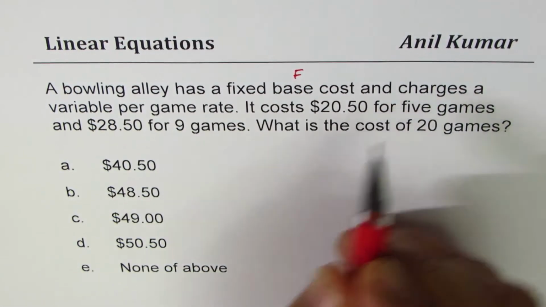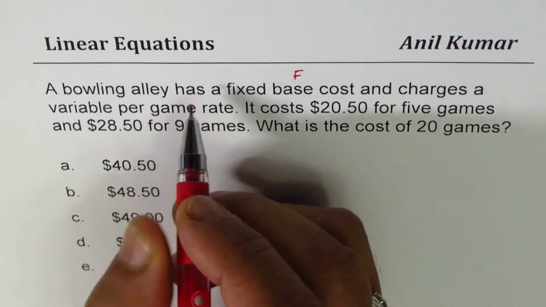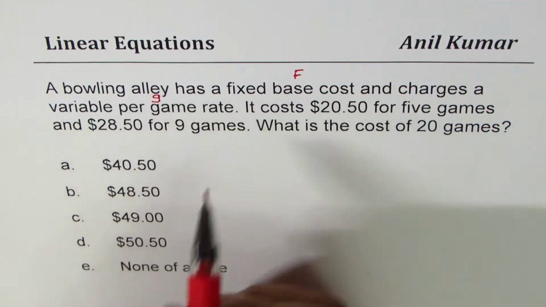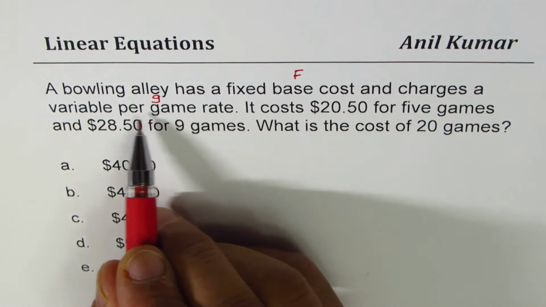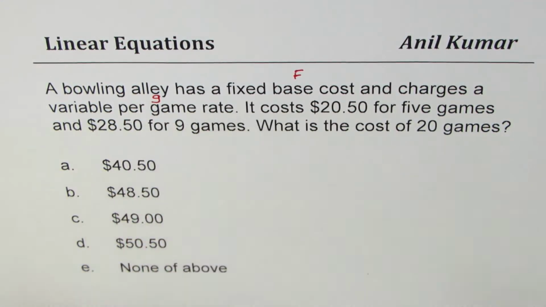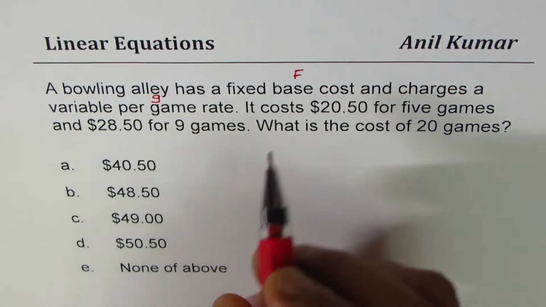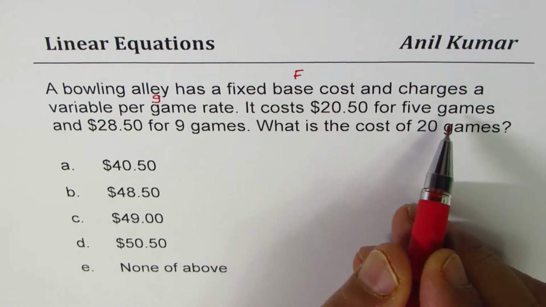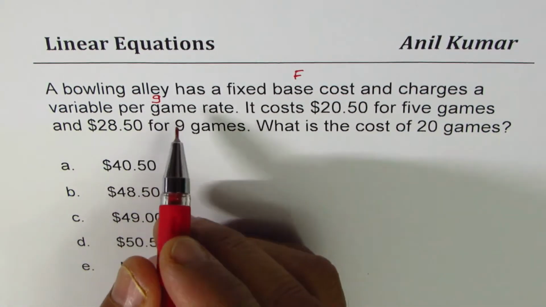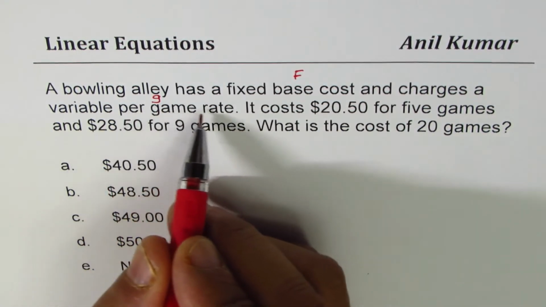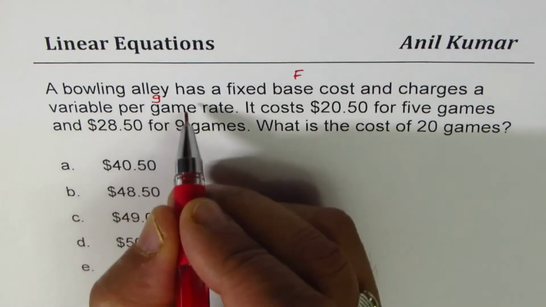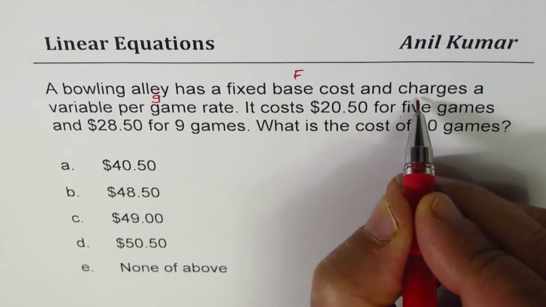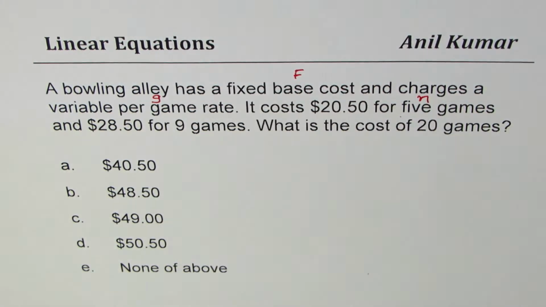And it charges a variable per game rate, so per game cost, let's say g for games. So we have 2 costs here: one is the rate per game, and then the number of games, which we'll call n.